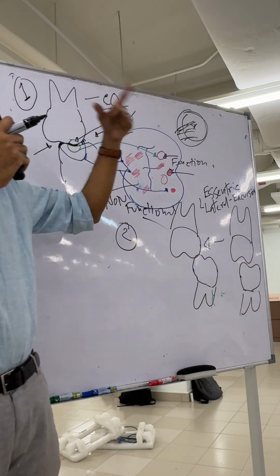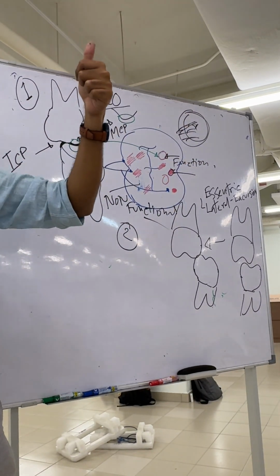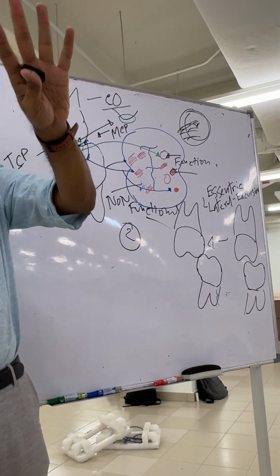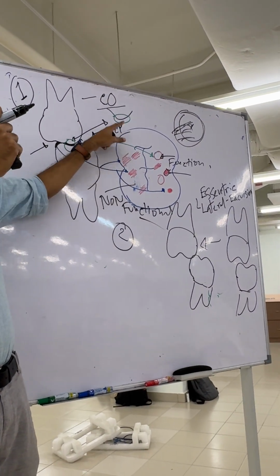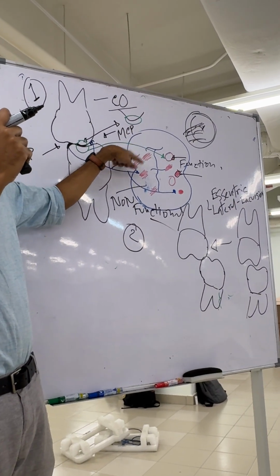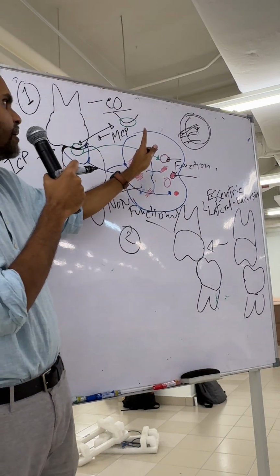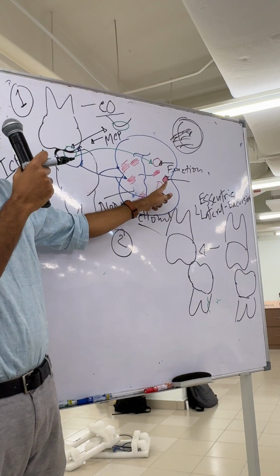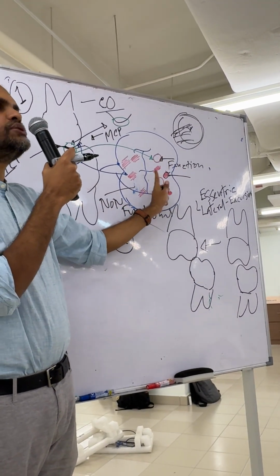So now you start making your strategy. Strategy number one, I'm going to trim or remove these contact points, the ones I am having in the non-functional cusp. Okay, understood? But for the functional cusp, the area which is giving me heavy contact, too much contact, I can reduce it.